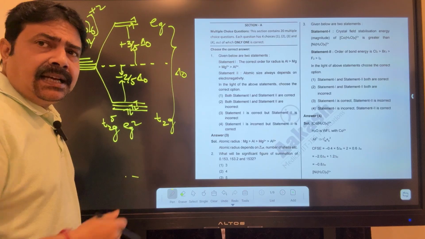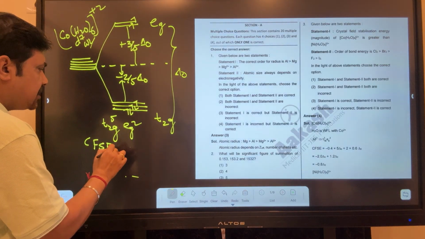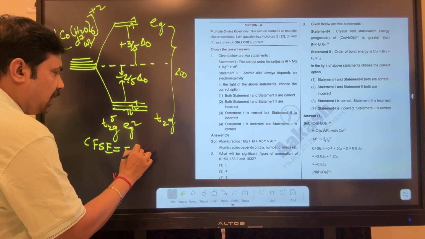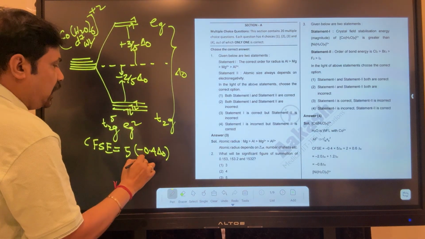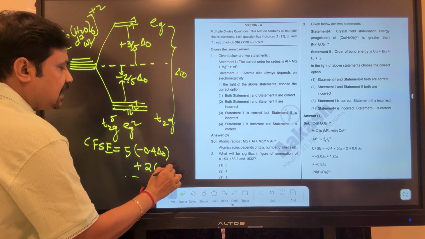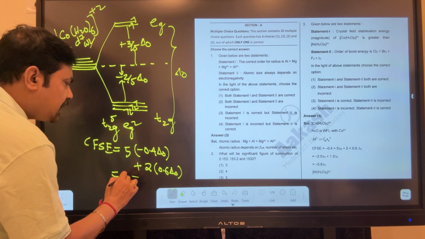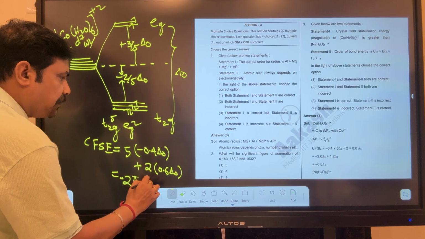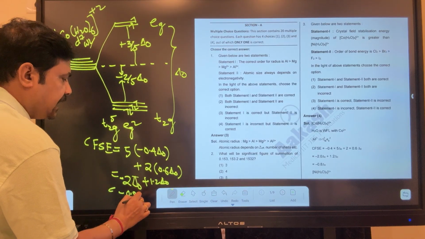Since there is no pairing due to the ligand, the CFSE expression will be equal to 5 times -0.4 delta naught plus 2 electrons in Eg, 2 times +0.6 delta naught. Overall, if you calculate 0.4 times 5, that is 2 delta naught, so minus 2 delta naught, and 2 times 0.6 is plus 1.2 delta naught. Overall it is coming to -0.8 delta naught.